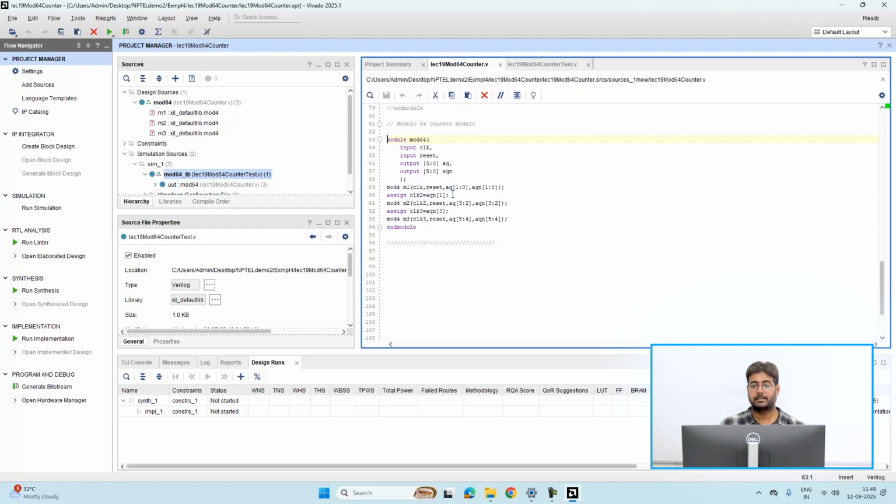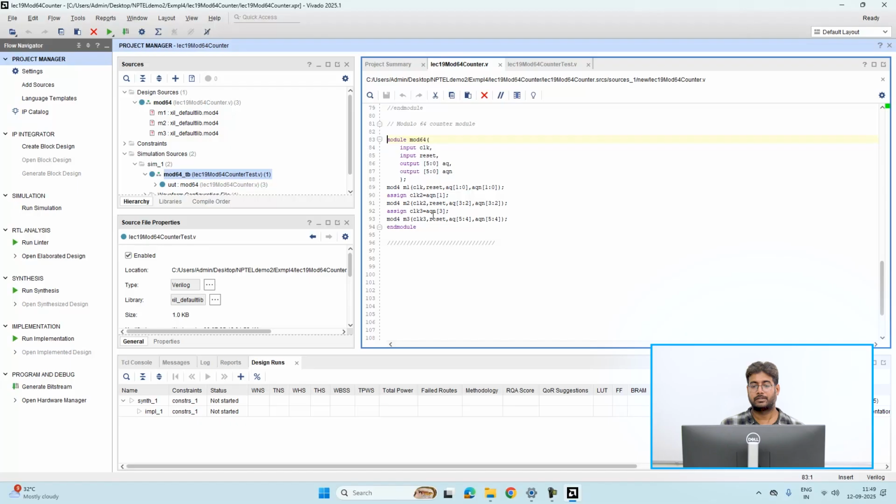Then the first bit of AQN goes as clock signal to the second mod 4 counter, that is M2, which gives an output of AQ32, that is the third and fourth bit.